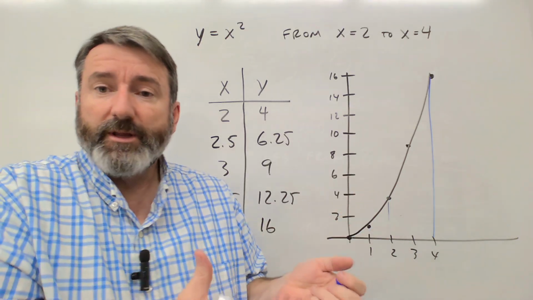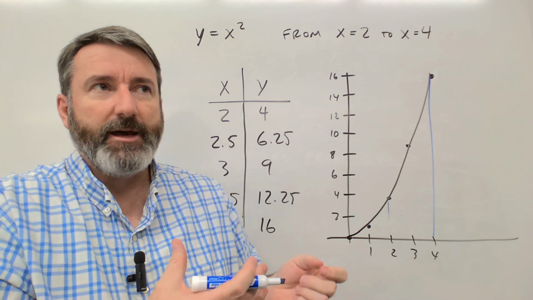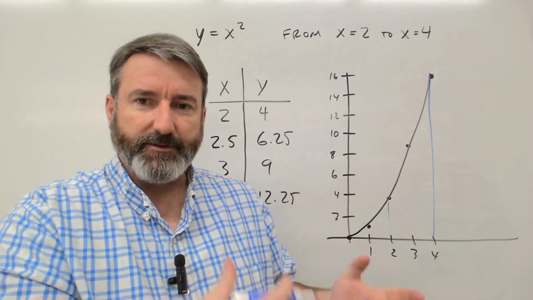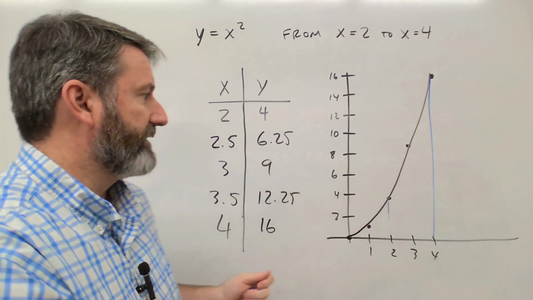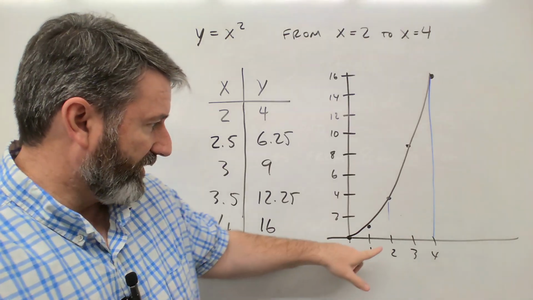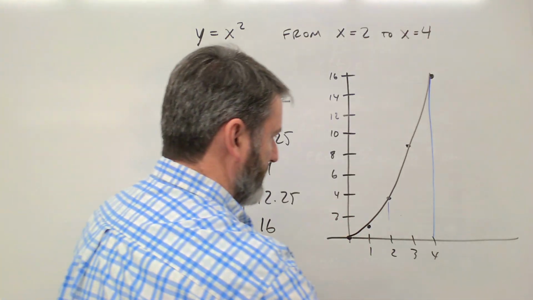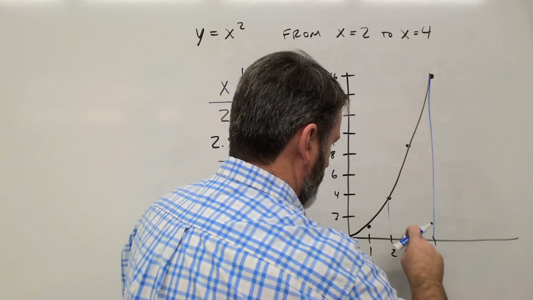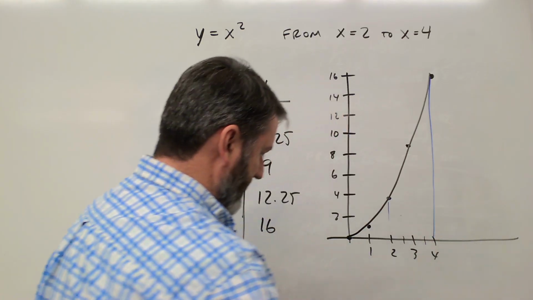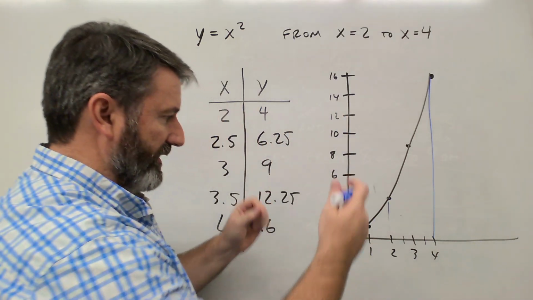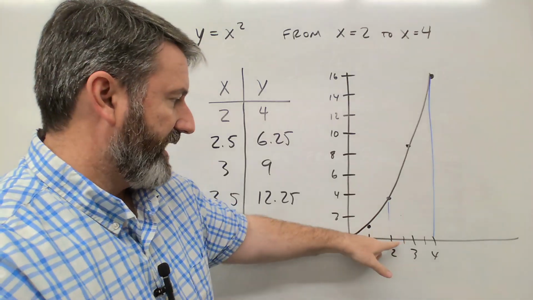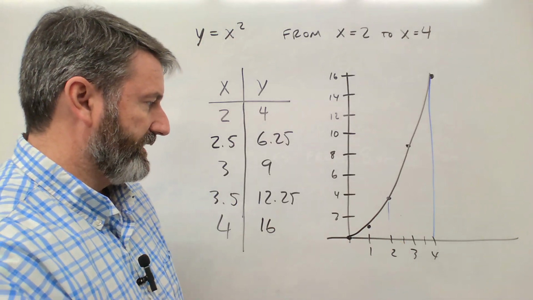And we're really good at finding the area of rectangles. A rectangle's area is just the length times the width. So we know that if we're going in half unit increments, the width of each of these rectangles that we're going to create is half of a unit.